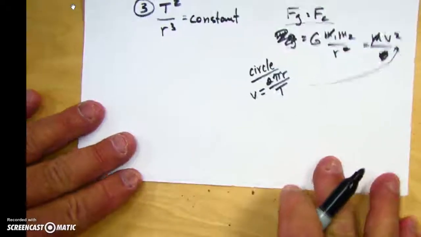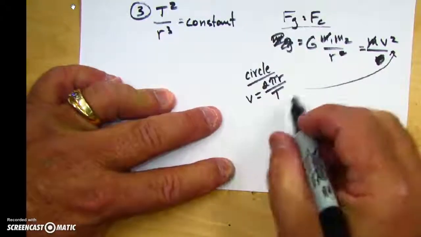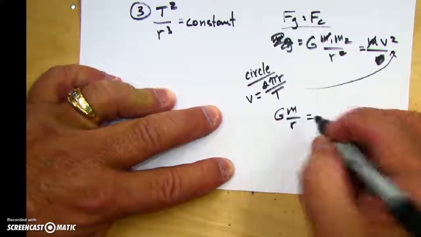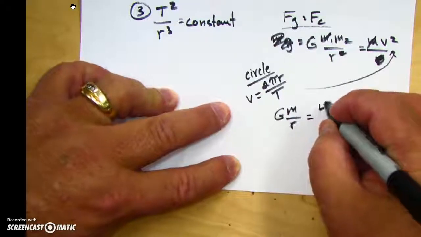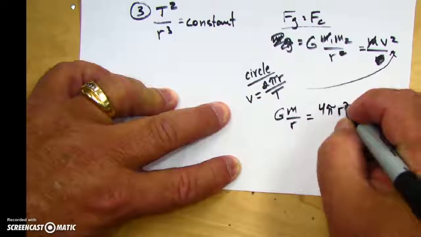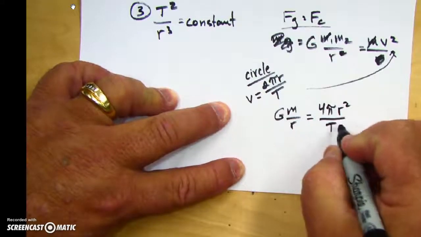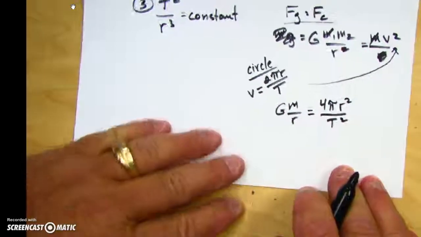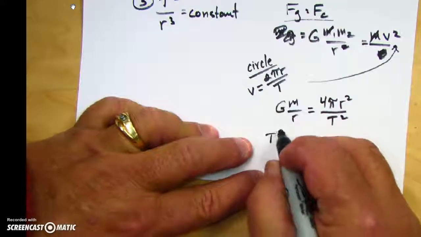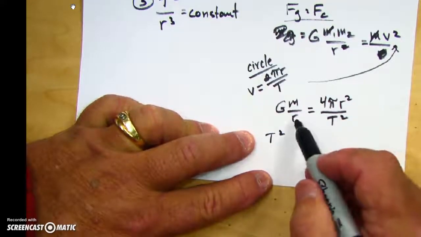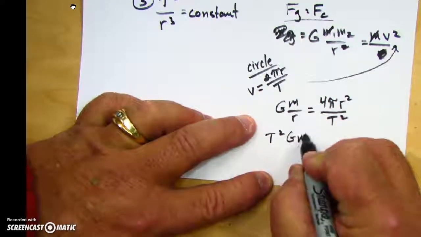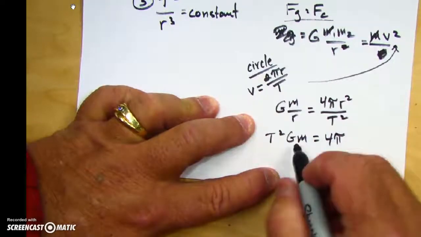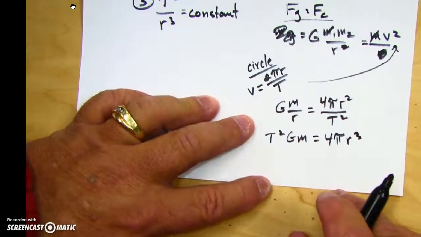What I get is G M over r is equal to 4 pi squared r squared over T squared. Now let's cross multiply, and T squared goes to the top, so T squared times G times M is equal to 4 pi squared times r cubed.